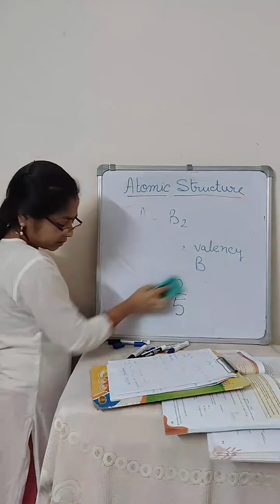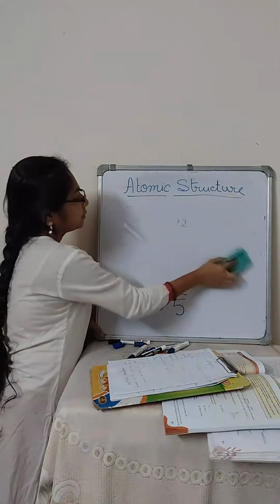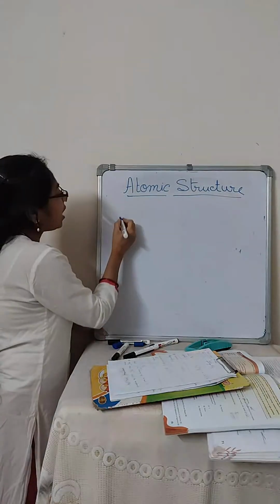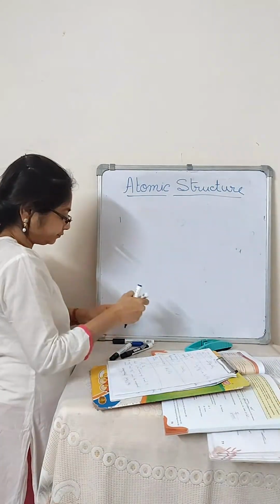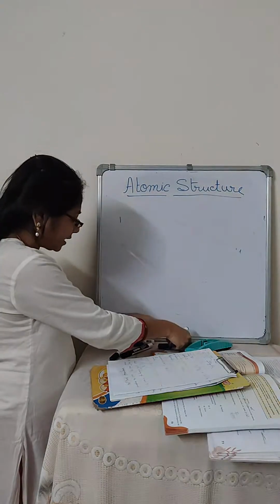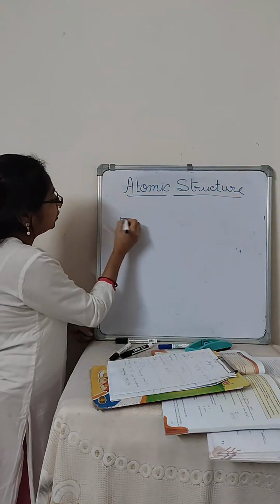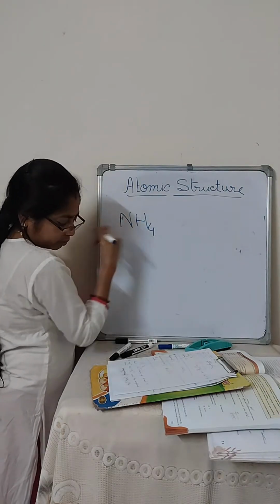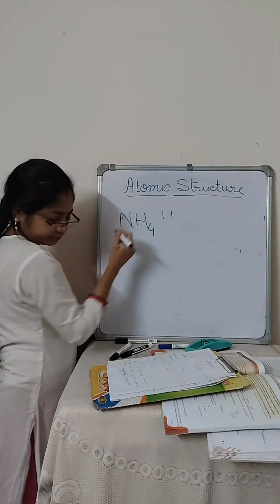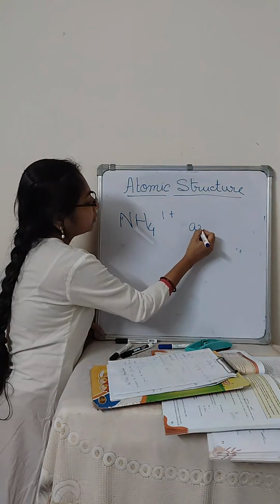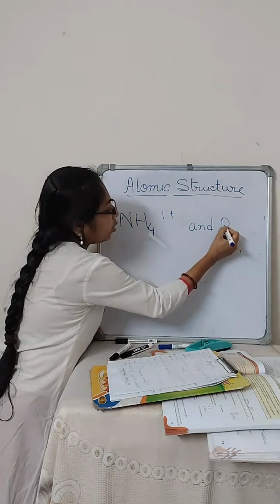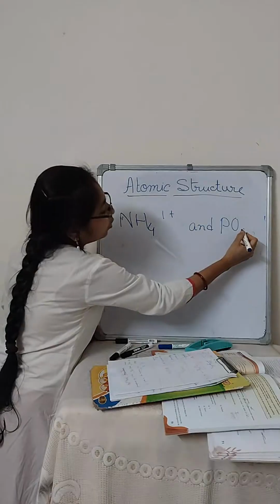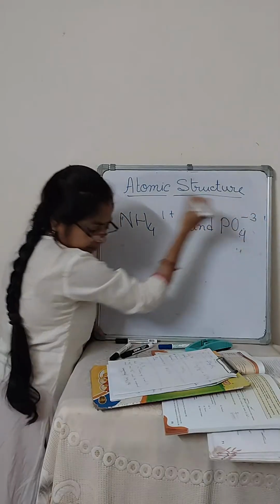Now another question. I will tell another question. Now I tell the valency, you make the compound. NH4, 1 charge, and PO4 minus 3.